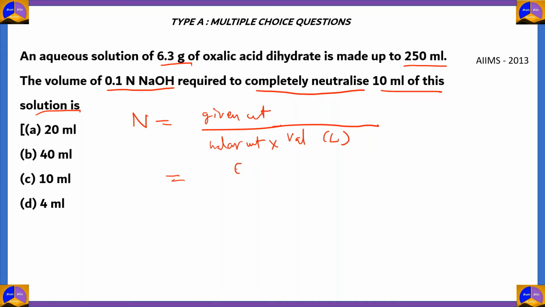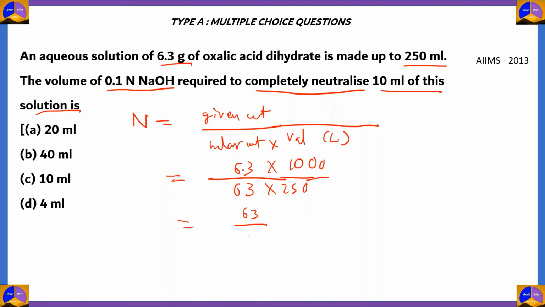So here given weight is 6.3 divided by molar weight of oxalic acid, which is 63, times 250 ml. So it'll be by 1,000. So that goes to the top. So it'll be 6.3 into 1,000 divided by 63 into 250.